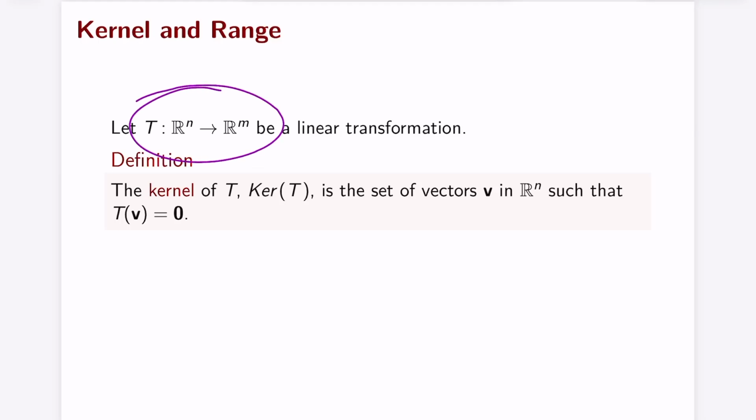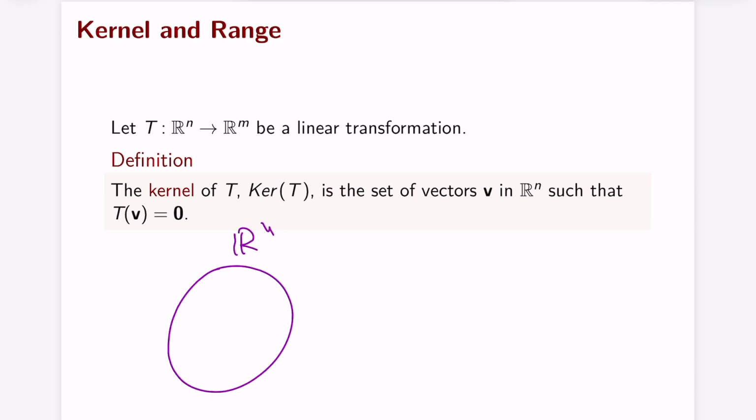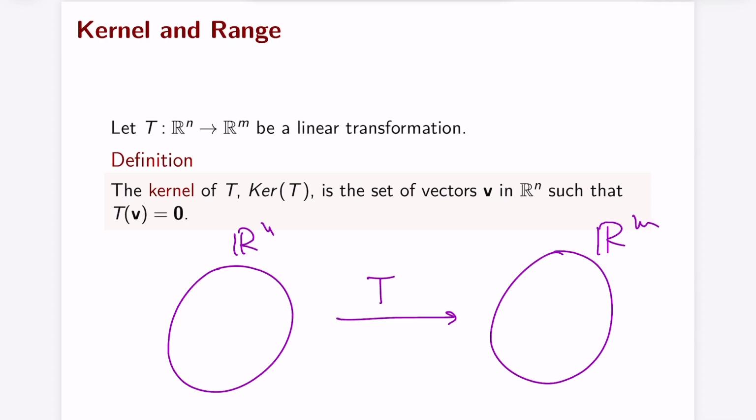Given a transformation that goes from Rn to Rm, we are going to define a subspace of the domain that is going to be called the kernel of the transformation.